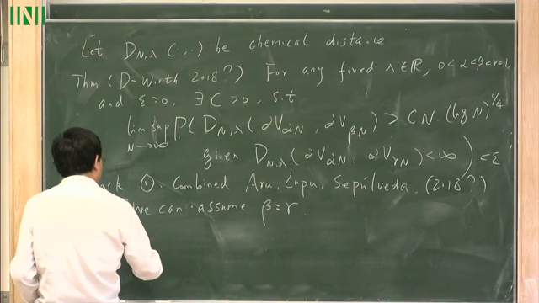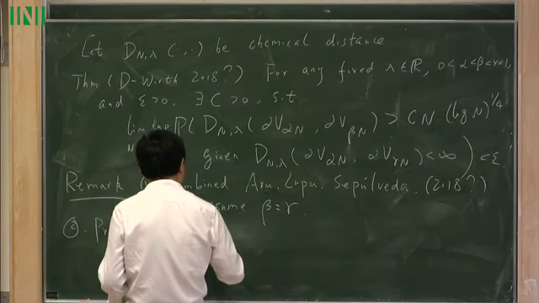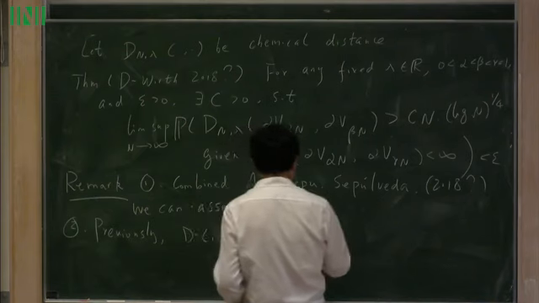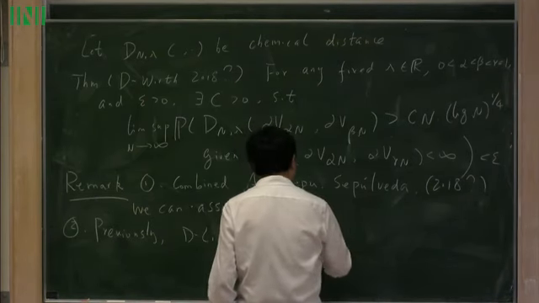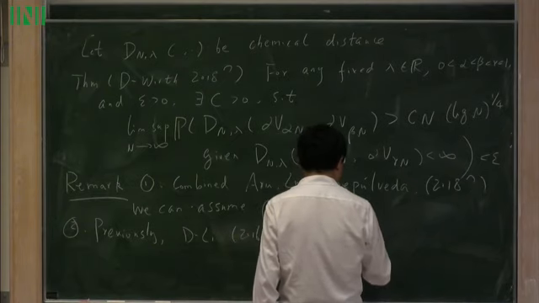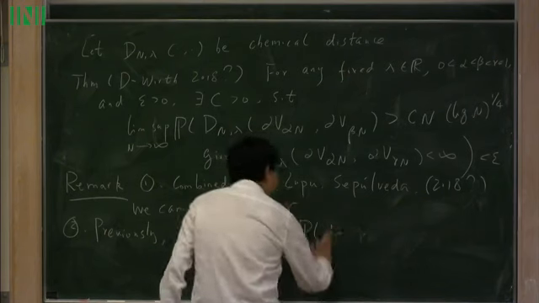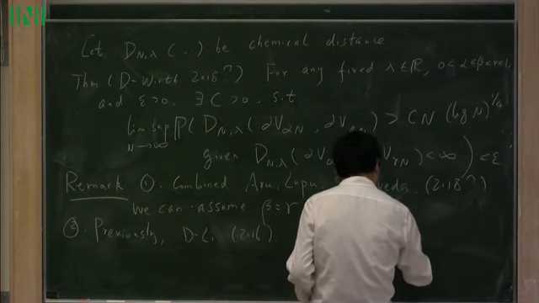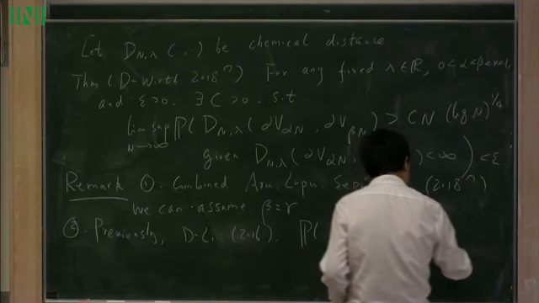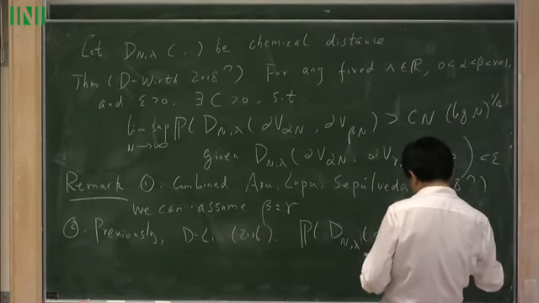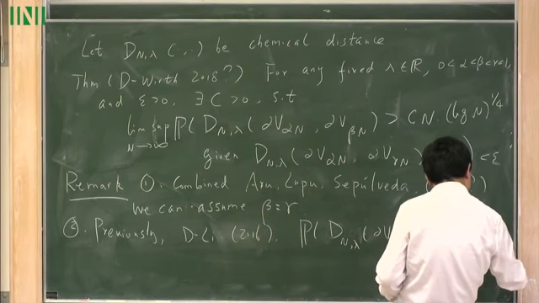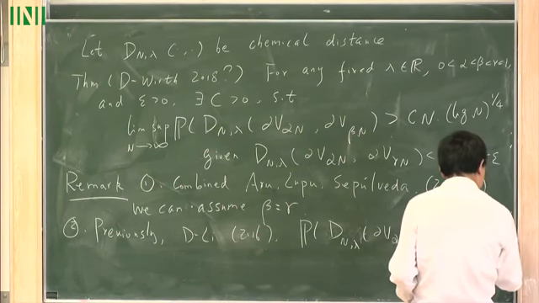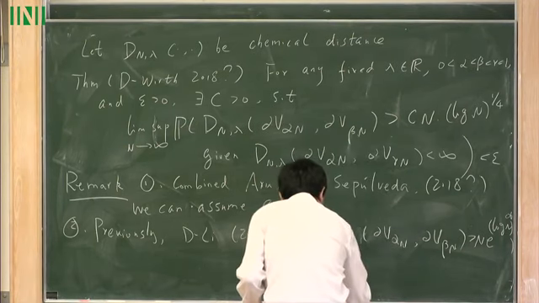Previously, in a work with Li, we have shown, okay, I don't want to write the whole thing, but the probability that the distance between the alpha n and beta n boundary is larger than n times e to the log n to some power, say 0.6, this probability goes to 0 as n goes to infinity.